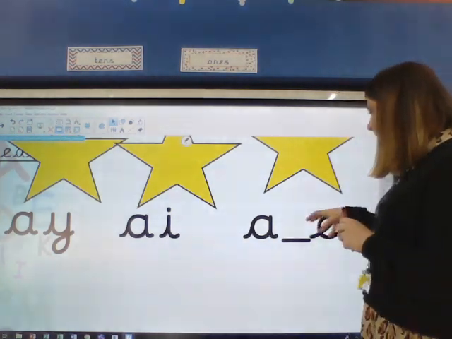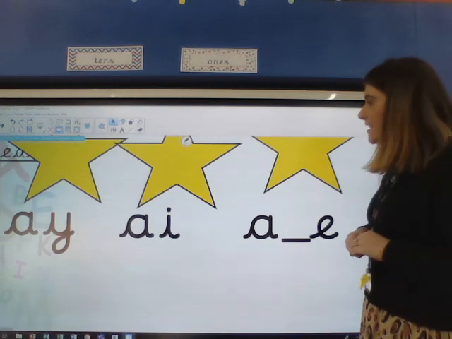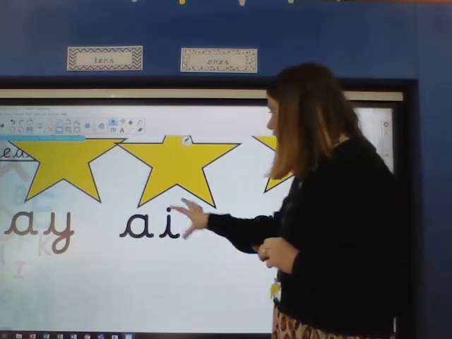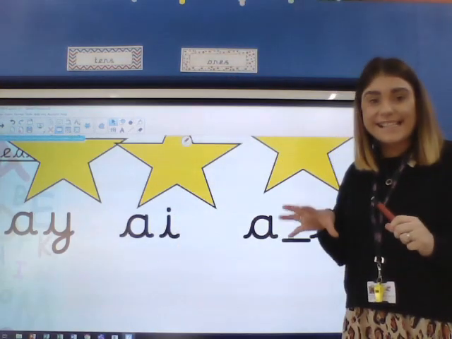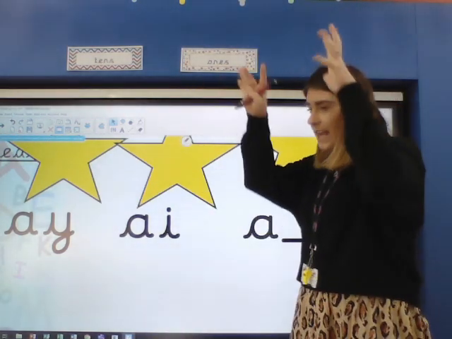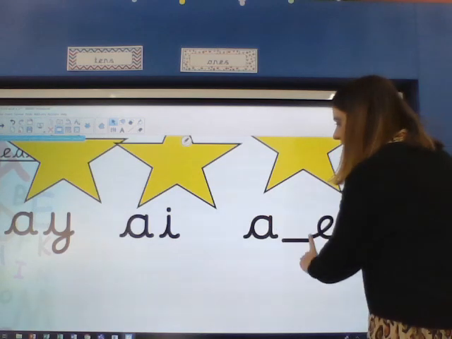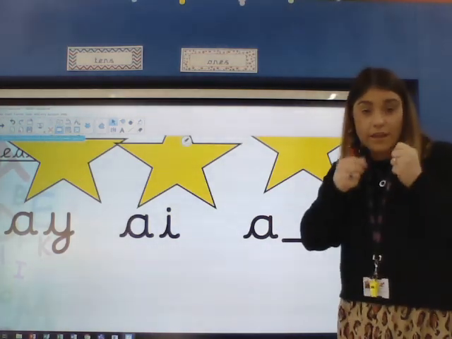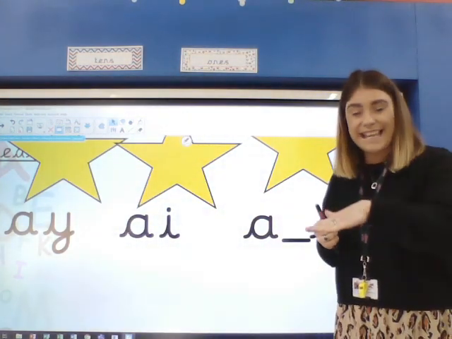So words like cake, make, and snake. So today we're recapping all the different ways of writing the same sound. So we're looking at A for play, A for rain, and our A split diagraph, A for cake or A for snake.